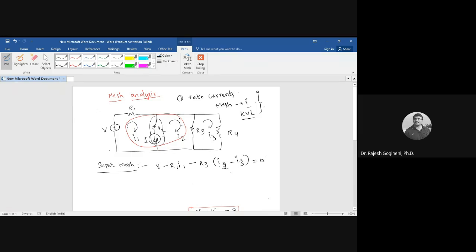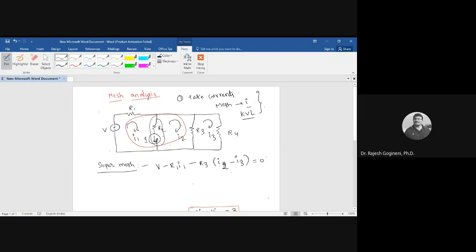There is no difference in procedure. First assign the currents as usual, as we have followed in mesh analysis. The same procedure is followed here, except that after assigning the currents, be careful.